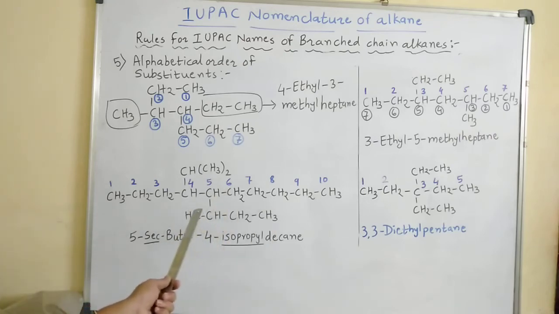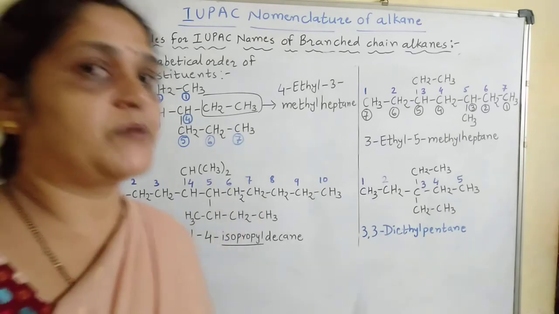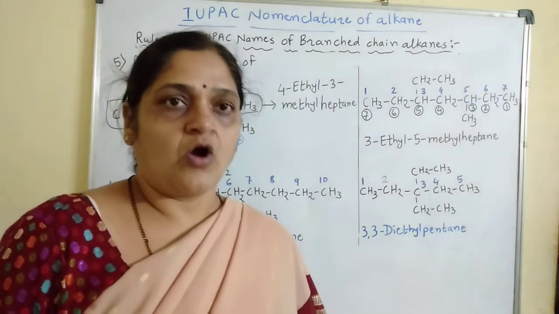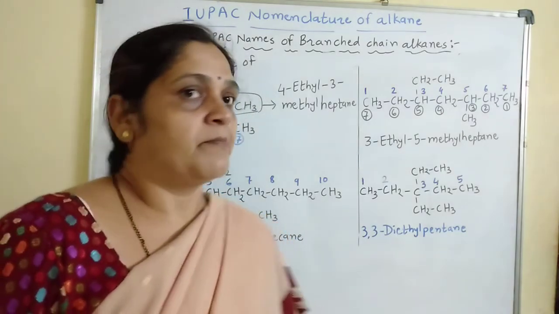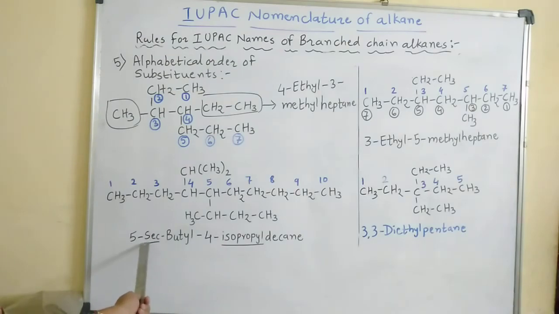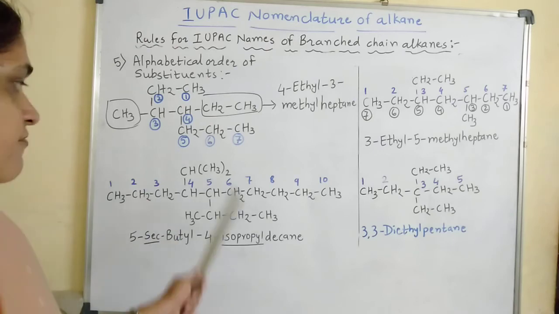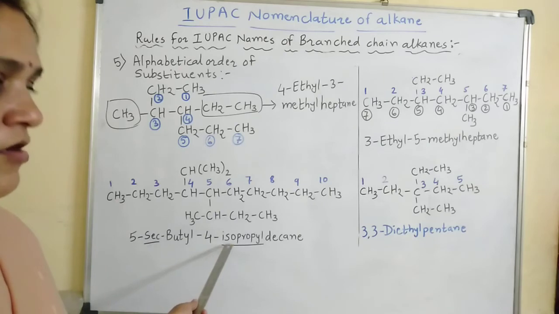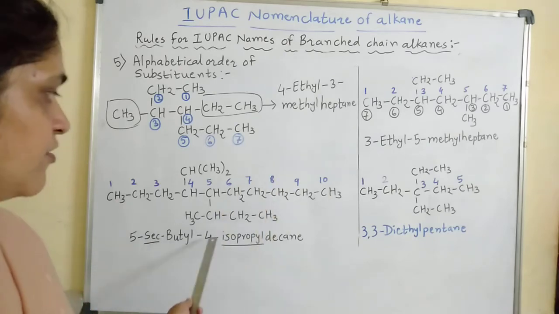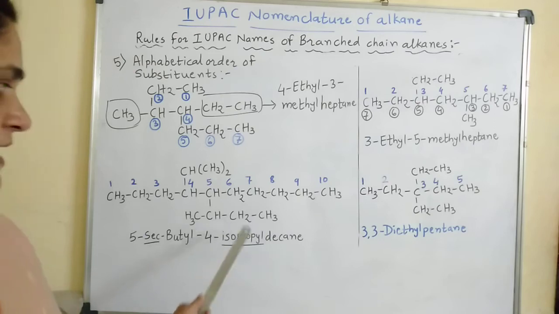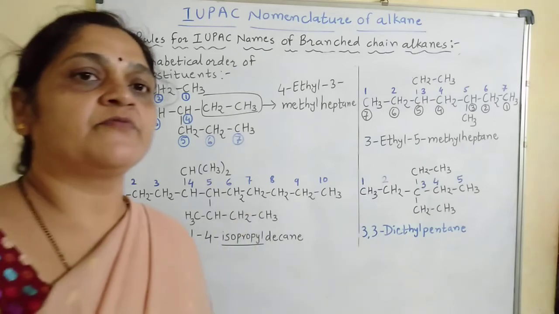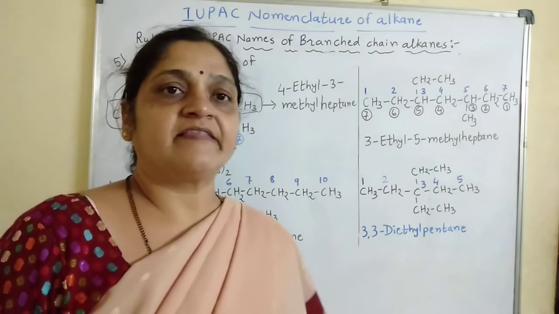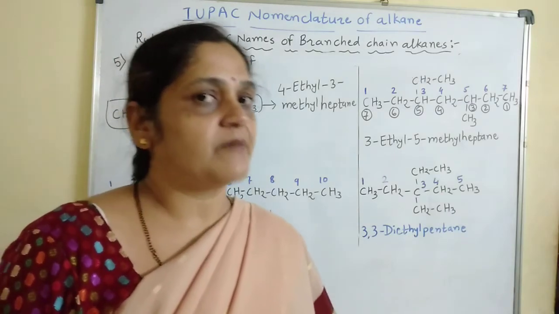Now when we are arranging in alphabetical order, the prefixes iso and neo are a fundamental part of that alkyl group. But secondary and tertiary are not fundamental parts of the alkyl groups. Therefore, while writing the name, you have to consider the alphabet I for iso, or N for neo, because that forms one group. So neopentyl and isopropyl are groups where iso and neo prefixes are the fundamental part.